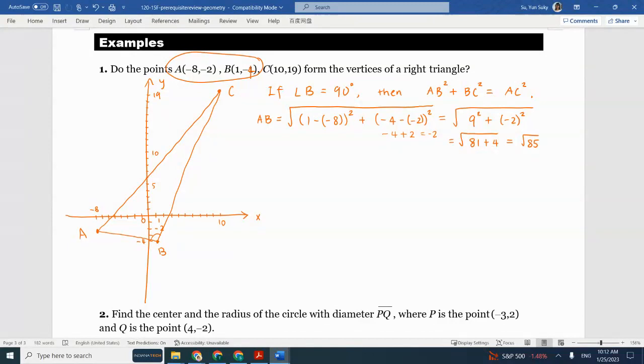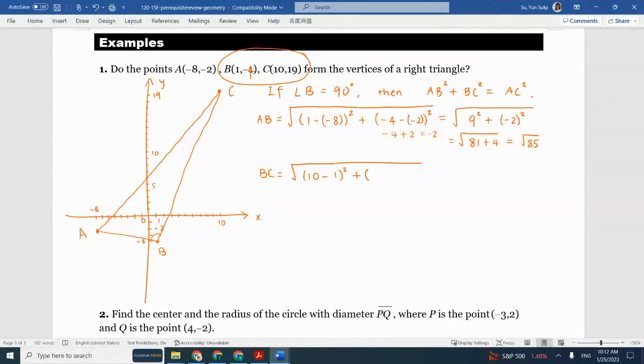All right. We keep going. How about BC? Well, the distance formula. Now we use point B and point C. The difference of the x-coordinates: the x-coordinate of point C is 10 minus the x-coordinate of point B, which is 1, and we square it.